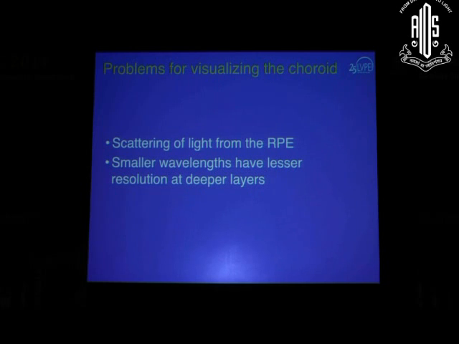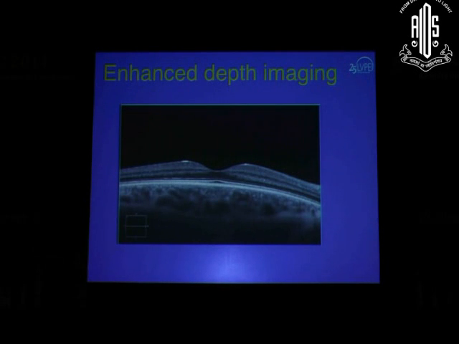How do we get a little more information about the choroid using spectral domain OCT, what are you looking at, and what is the literature we have till now is what I'm going to emphasize. That's what is called enhanced depth imaging. What does it mean? If you look at an OCT, this is the depth.